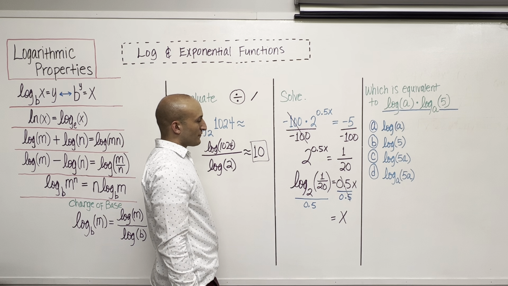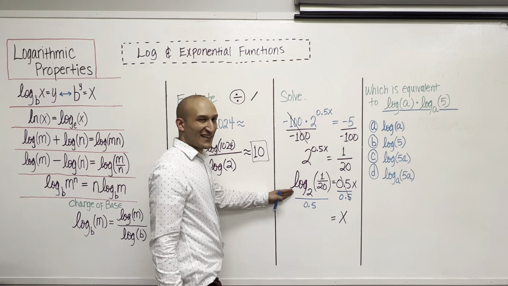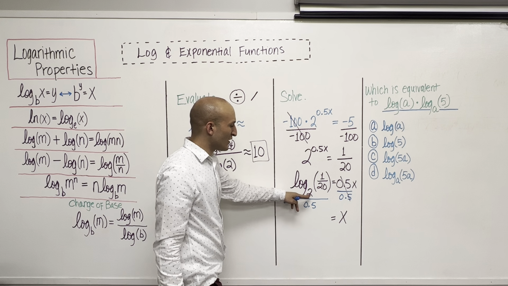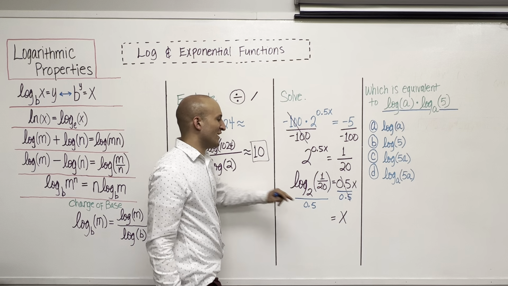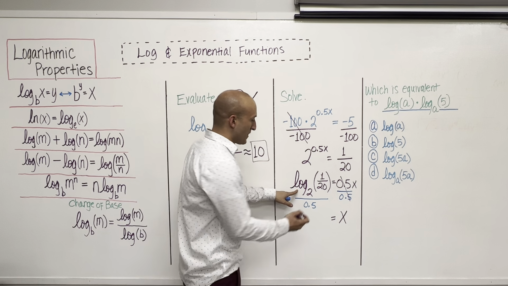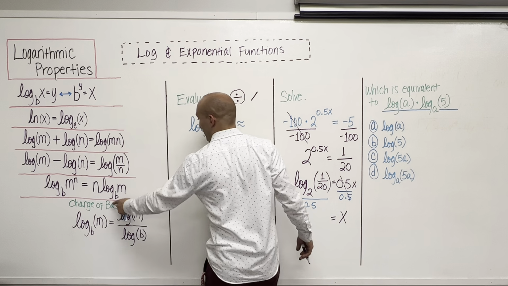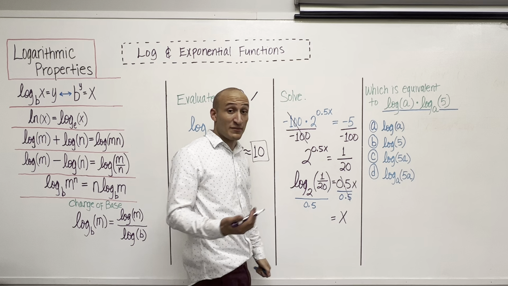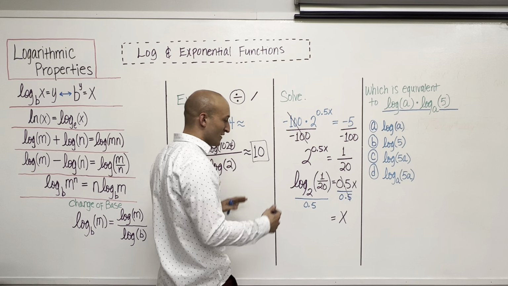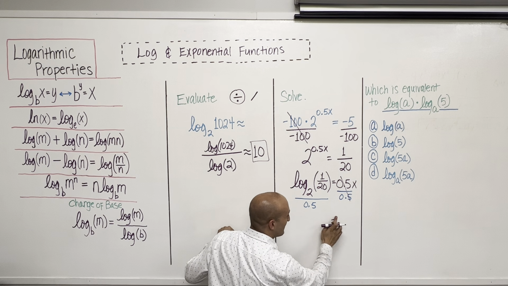Now, again, I'm going to have to type this in my calculator. And I have a log base 2. I can't write that on my calculator. So just for this top portion, I'm going to use the change of base so that I can type it in my calculator. Okay, and I'm going to get a little lower here so I can write this section.